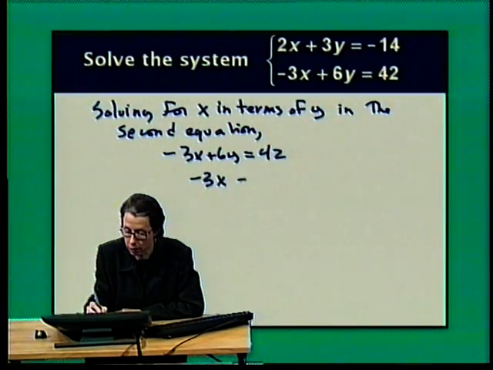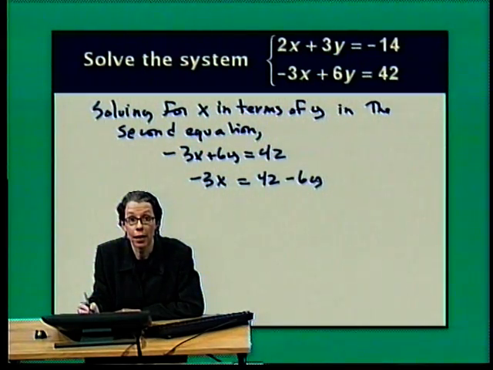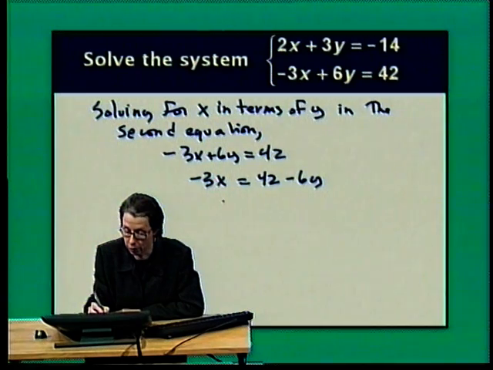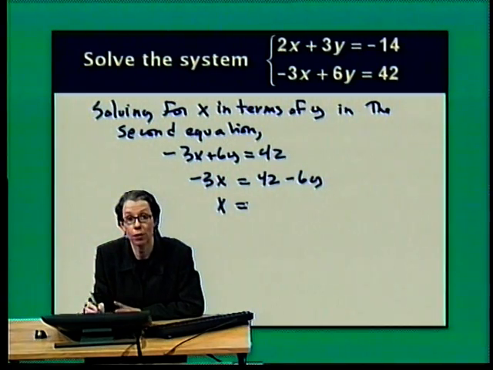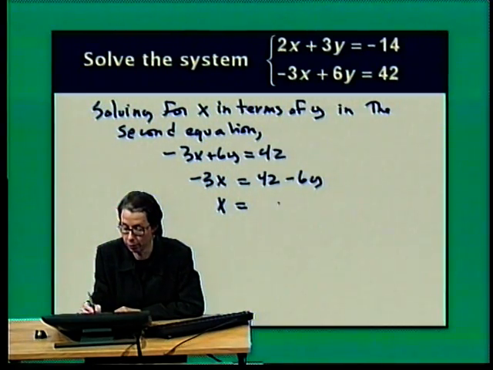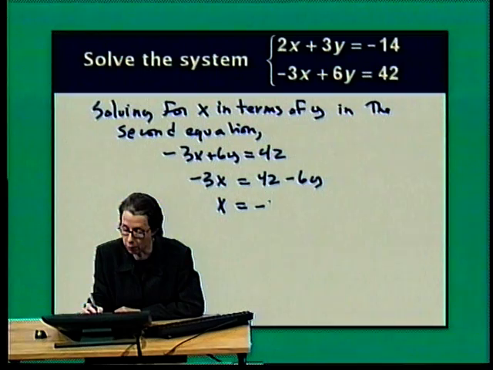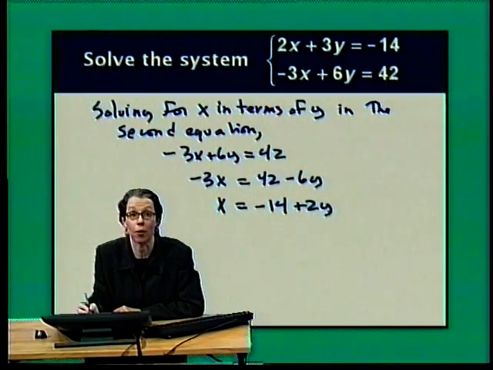So negative 3x equals 42 minus 6y. And I can divide both sides by negative 3. I have to divide each term by negative 3. 42 divided by negative 3 is going to be a negative number. It's going to be negative 14. And then negative 6 divided by negative 3 is positive 2. So I have x equals negative 14 plus 2y.